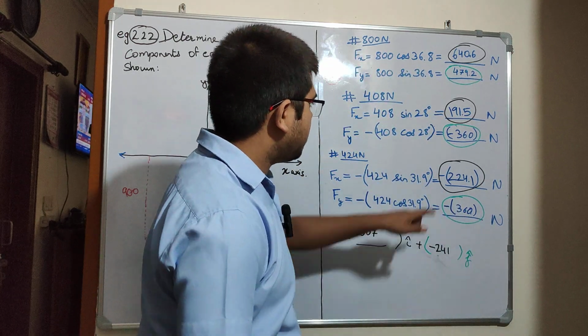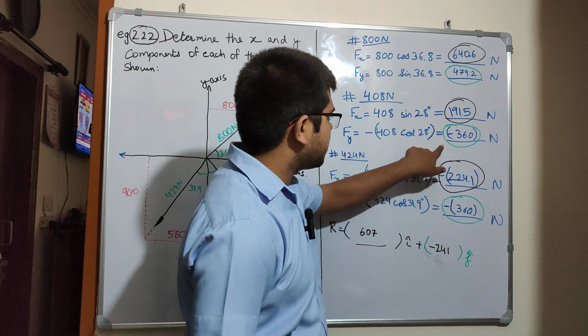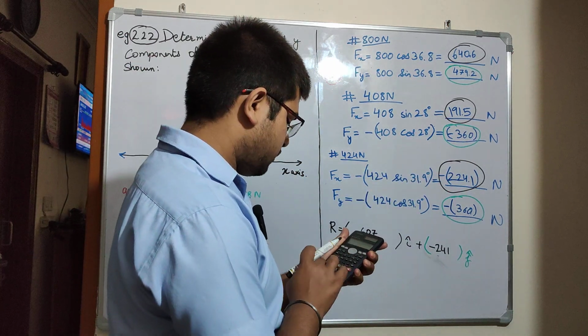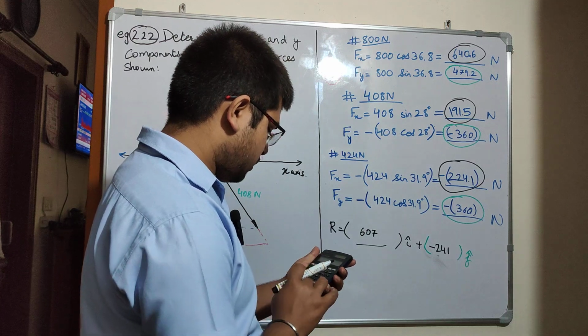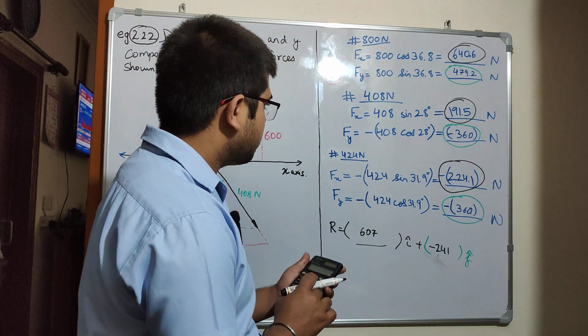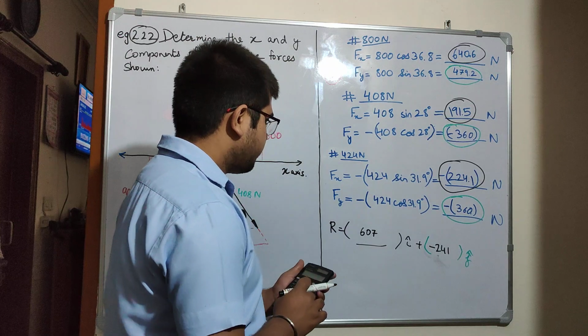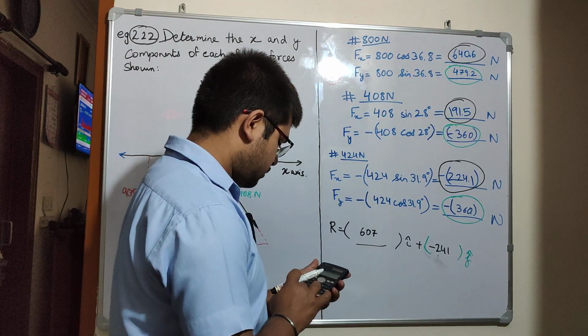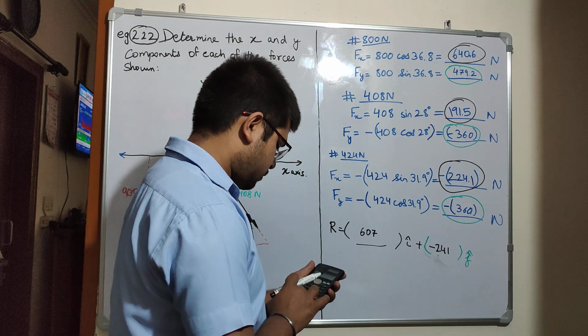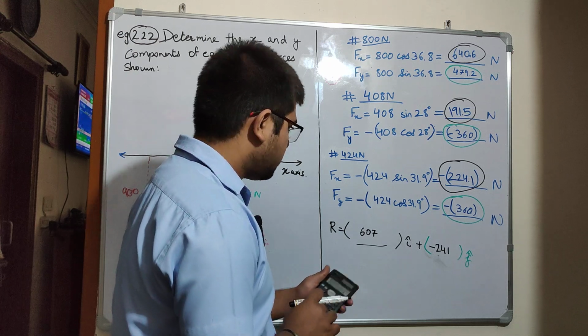Now these two values are coming the same. Let me just check if they are correct. 408 cos 28 is 360. Okay. 424 cos 31.9 is 360.